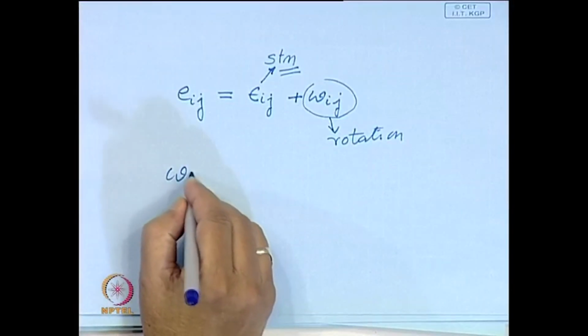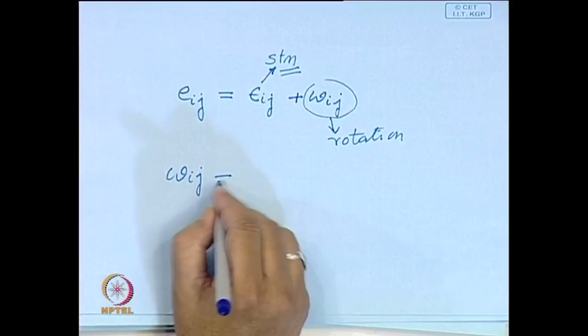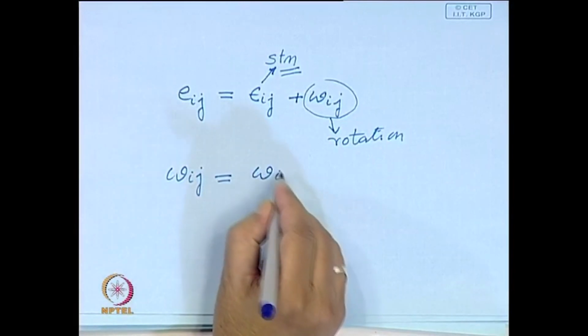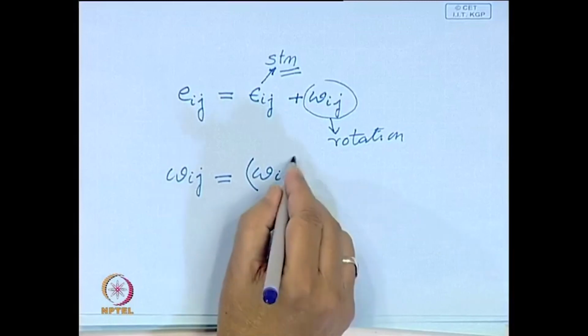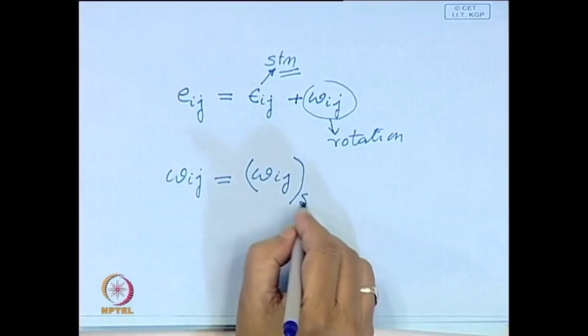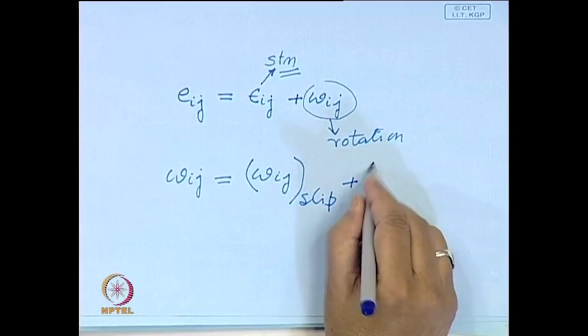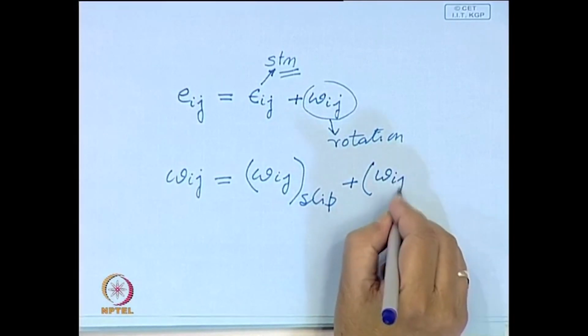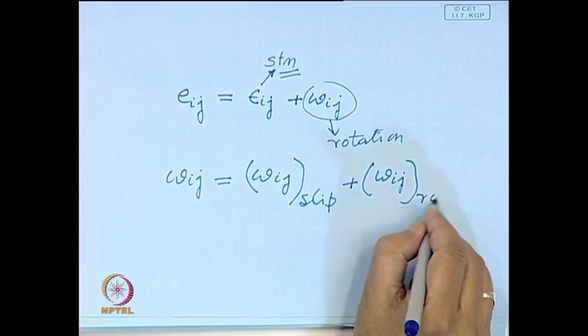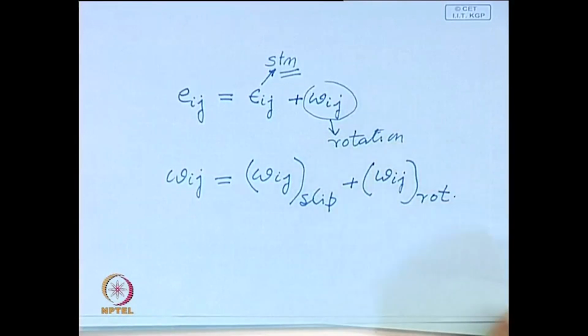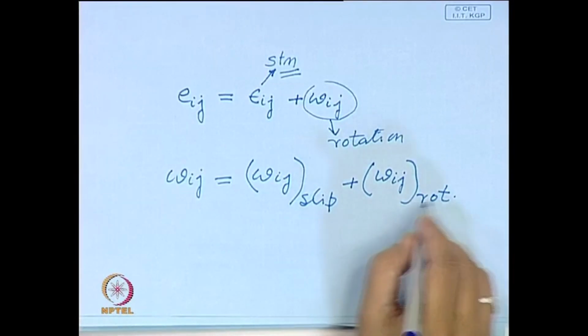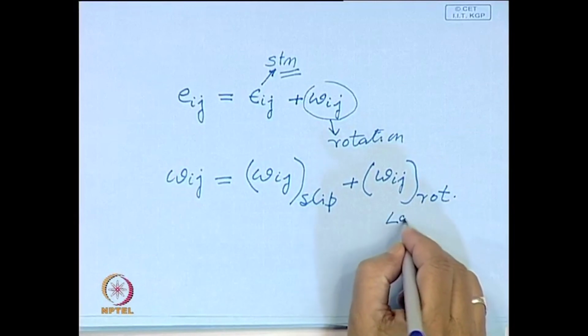This rotation is made up of two components. One is the rotation because of slip, where the deformation takes place because of slip, and the second is rotation. This rotation is called lattice rotation.